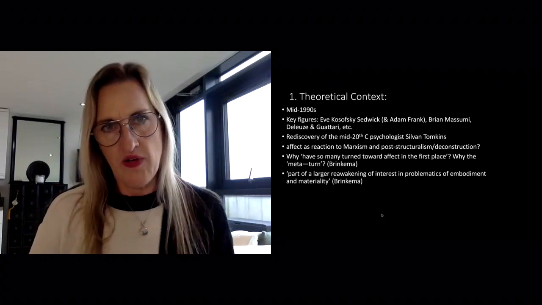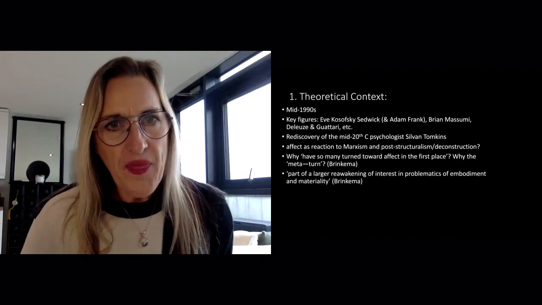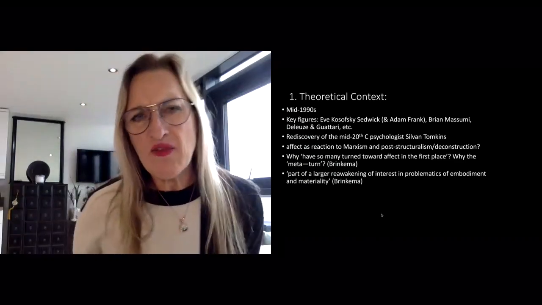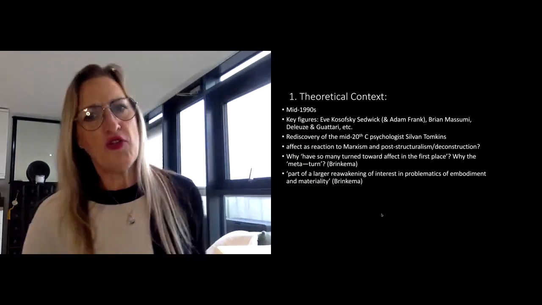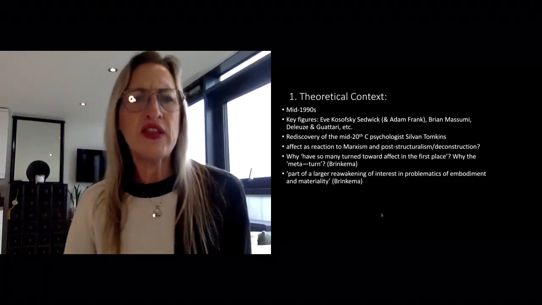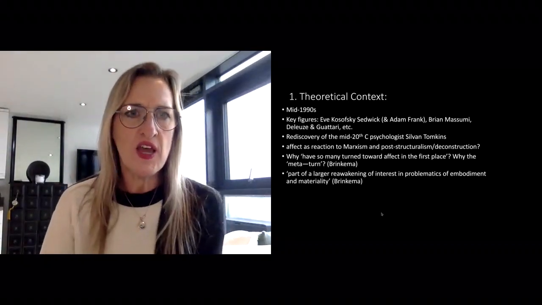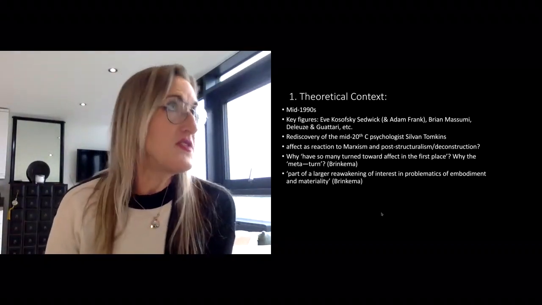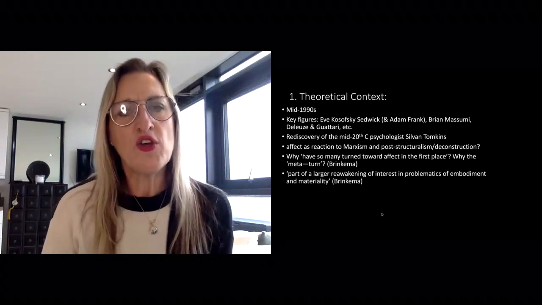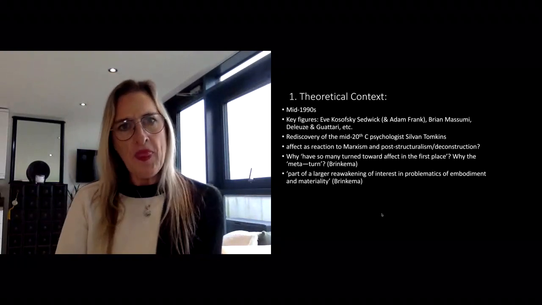There are other thinkers, but those are some of the key ones. The theory comes out of the work of a psychologist, rather little known these days, named Silvan Tomkins, who published enormous volumes on affect in the mid-20th century.